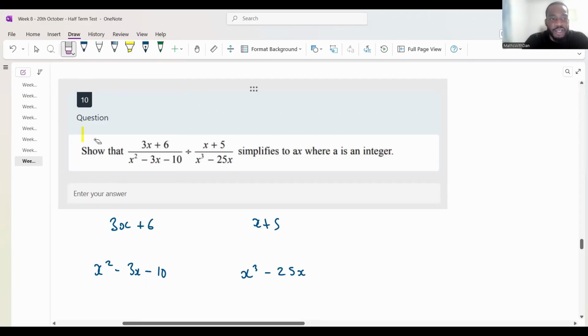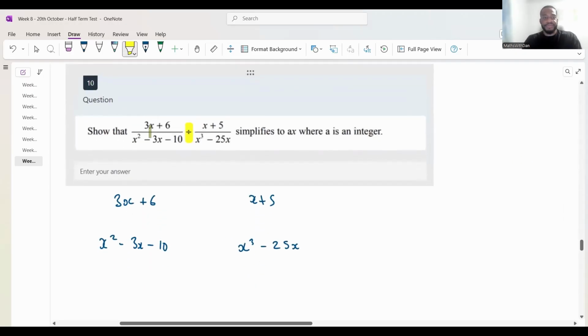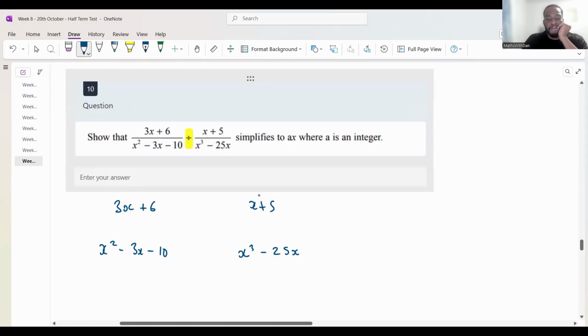We're dividing by a fraction. What can I do with that, guys? What happens when you divide by a fraction? Exactly. It's the same as timesing by the reciprocal.